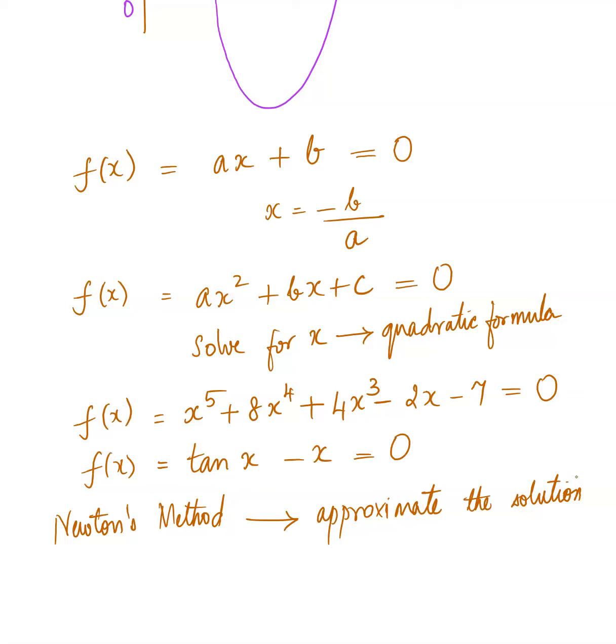So we will use tangent lines, and therefore we will be using linearization, what we saw before, like differentials and linearization. So we're going to use these two techniques to help us find or to help us approximate the solution for a given function. So Newton's method basically involves the first derivative tangent line.